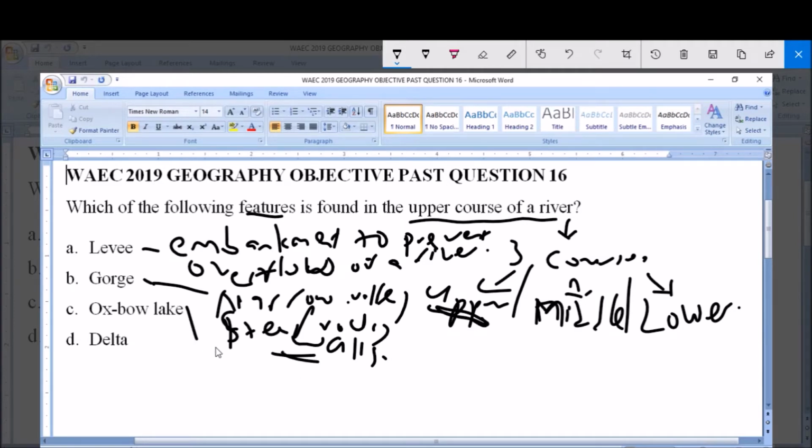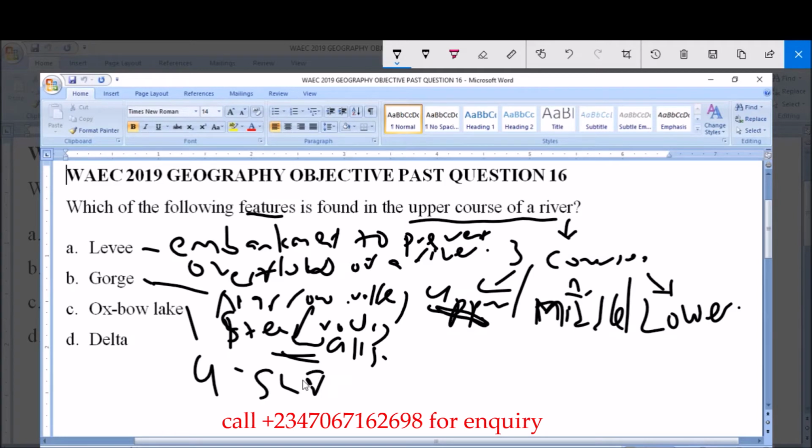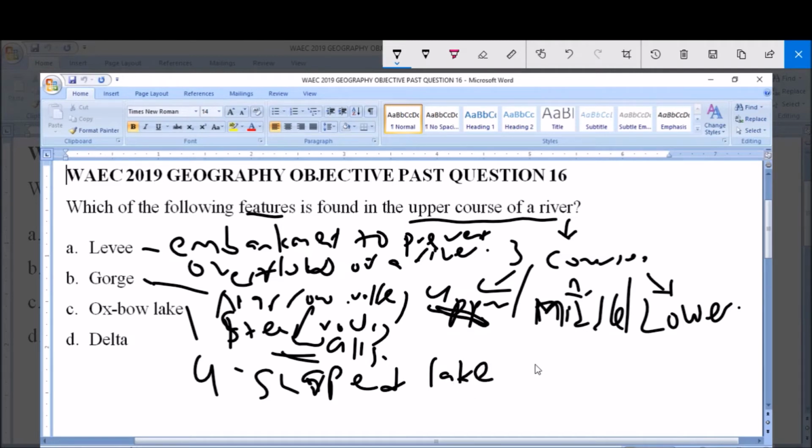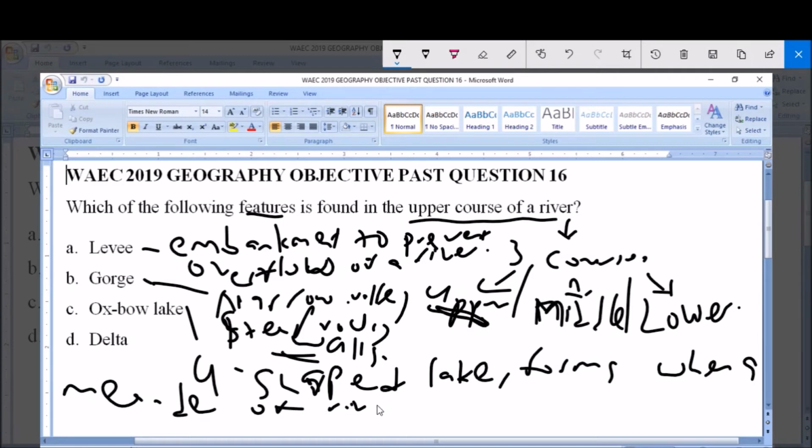Then we have Oxbow Lake. Now the Oxbow Lake is U-shaped in terms of its shape, so it is described as a U-shaped lake or water body that forms when a meander of a river, or the river turns, is cut off.